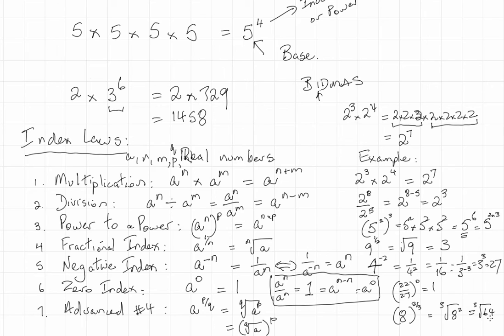Now we say what number multiplied by itself 3 times is 64. 4 4s is 16, 4 16s is 64, so 4 is the answer. Using this one down here, it's also equal to 8 to the 1/3 all squared. Now 8 to the 1/3 is the cube root of 8. What is the cube root of 8? The cube root of 8 is 2, raised to the power of 2, and that is also equal to 4.